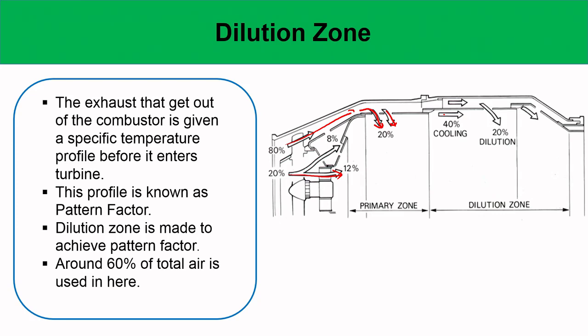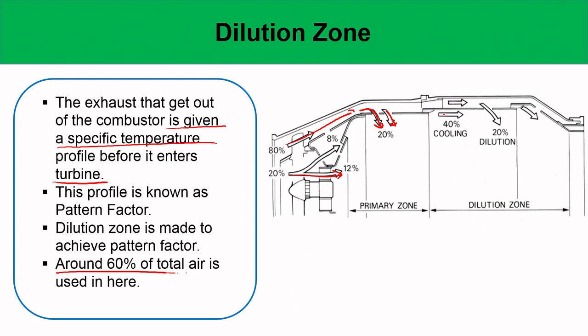So, this is the purpose of the dilution zone, that the exhaust that gets out of the combustor is given a specific temperature profile before it enters into the turbine, okay. This profile is known as the pattern factor, and the dilution zone is made to achieve the pattern factor. So, the aerodynamics is controlled in such a manner that the exit temperature profile exactly matches what is desired and most conducive for the turbine.